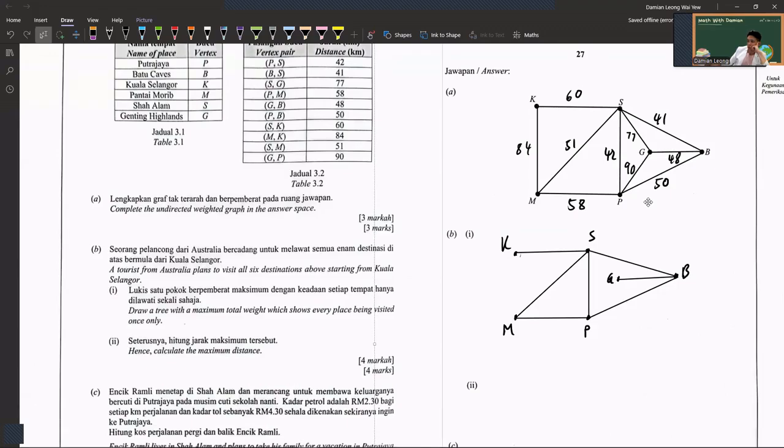So it makes most sense if I get rid of this. Connect here. But that will form a loop.